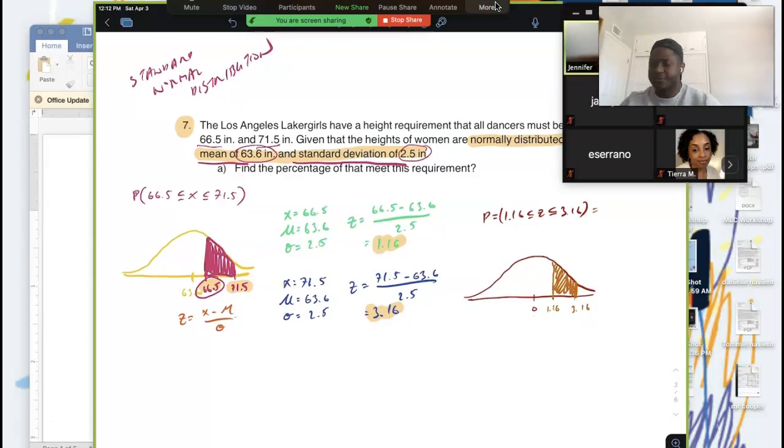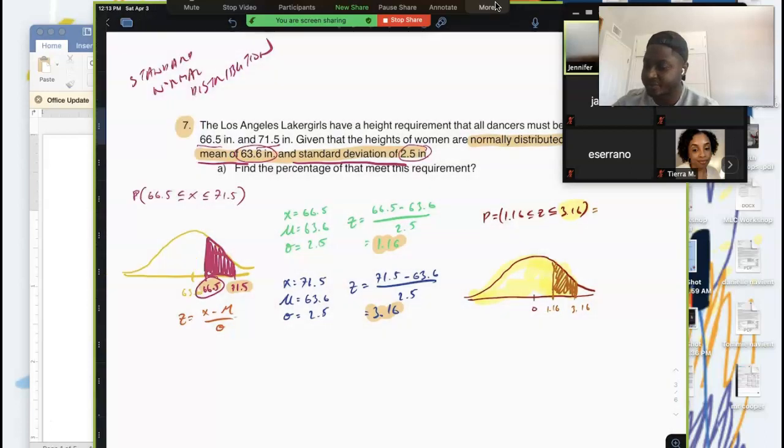I'm going to show you how to use the chart first, and then I'll show you how to use Desmos. First, you want to find 3.16 in the chart, so we're finding the total area all the way over. Let me find it real quick so I can show everybody.